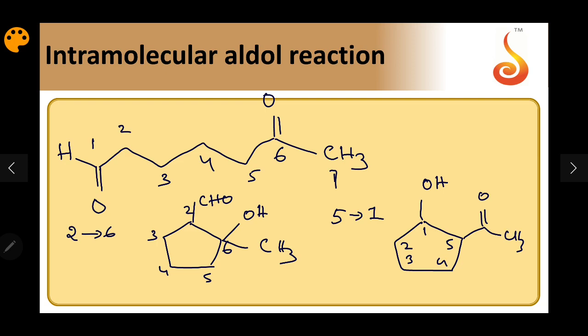So these are the two major products, and attack of carbanion on aldehyde is always major compared to ketone. So this is the major product. So intramolecular aldol condensation takes place only if there are a minimum of 2 carbonyl groups and one of them should have alpha hydrogen.